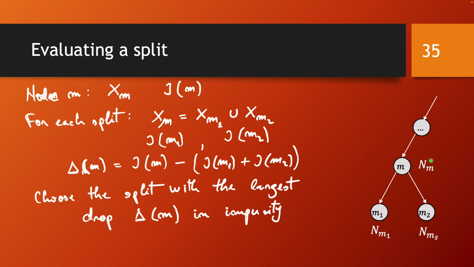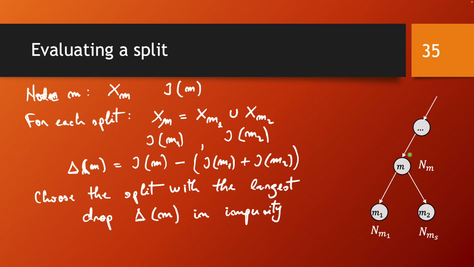You have your training data set in here, and you say, okay, for this split, I'm going to have a splitting of my data set into these two subsets. So I'm going to have a node for this subset and another node for this subset. And on one hand, I can calculate the impurity in this node, I can calculate the impurity in these two nodes, and I want to see what I have for this split.